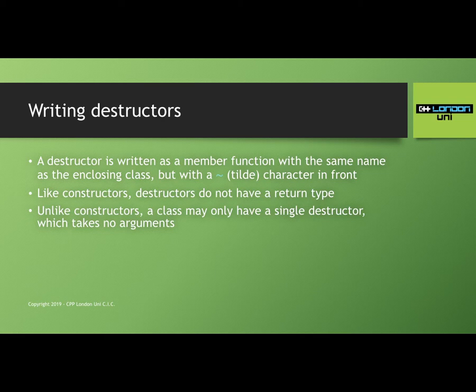It is possible, usual and common for a class to have multiple constructors. However, a class may only ever have one destructor. We can't have multiple overloaded destructors. A class only ever has one destructor, and that takes no arguments. And if you think about it, that makes sense, because calls to a destructor are done by the compiler, not by us.